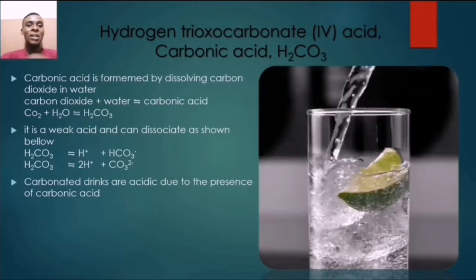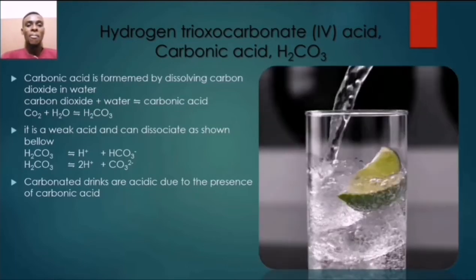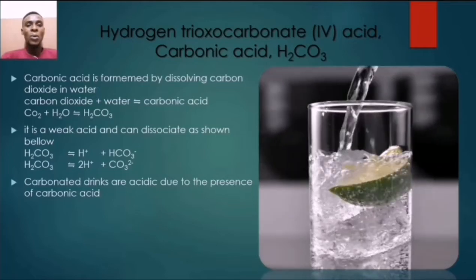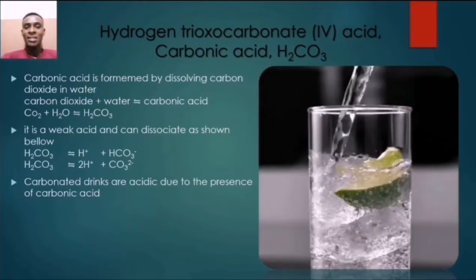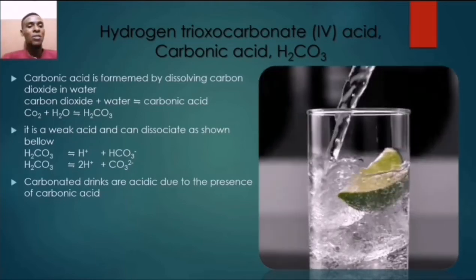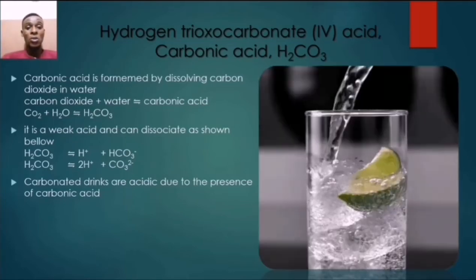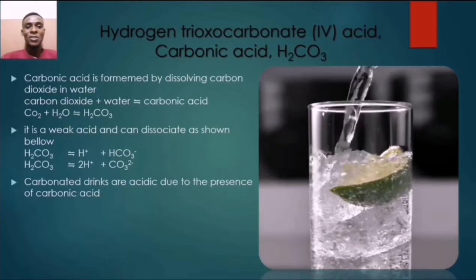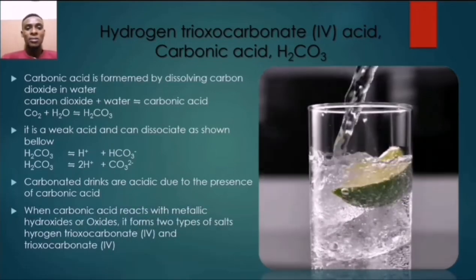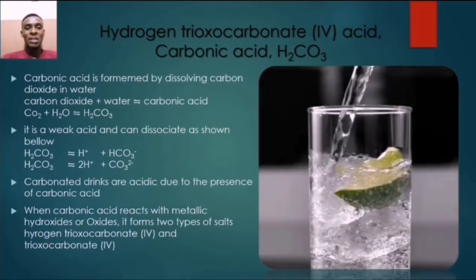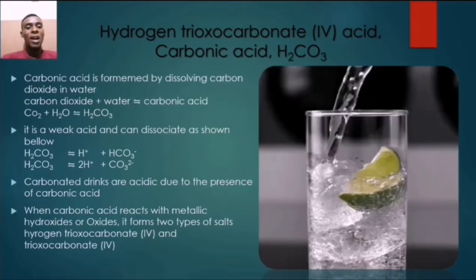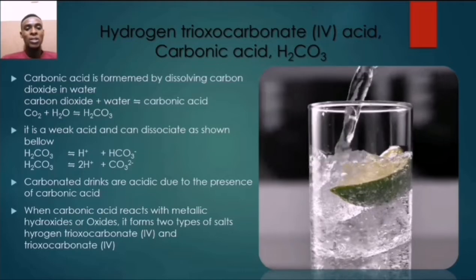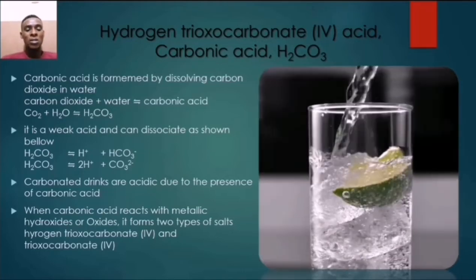The reason for that, let's go back to the chemical equation we have there, where CO2 reacts with water to give us carbonic acid. That's what happens when you dissolve carbon dioxide in water. When carbonic acid reacts with metallic hydroxides or oxides, it forms two types of salts: hydrogen trioxocarbonate(IV) and trioxocarbonate(IV) salts.